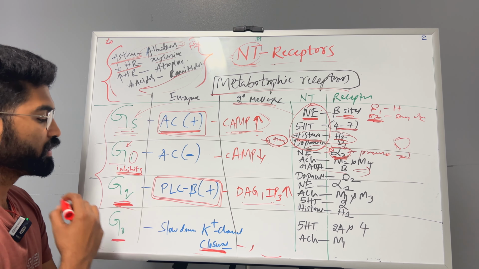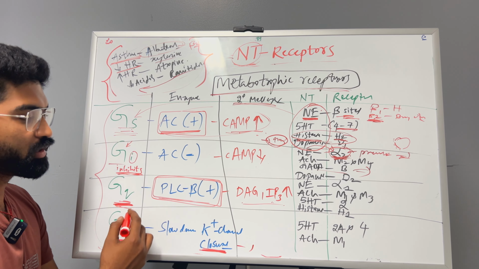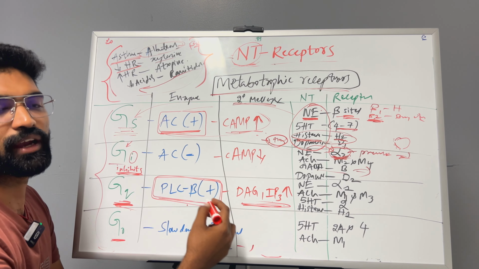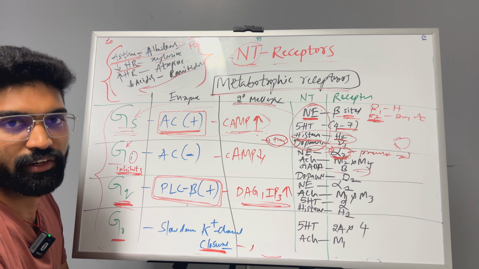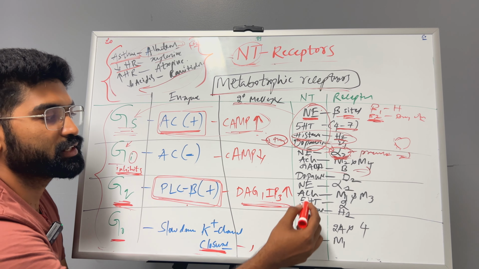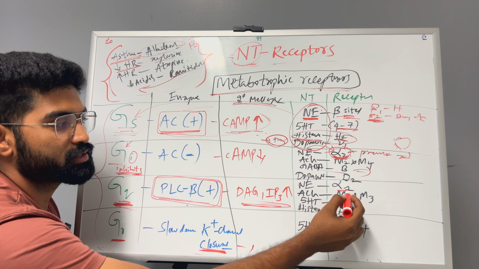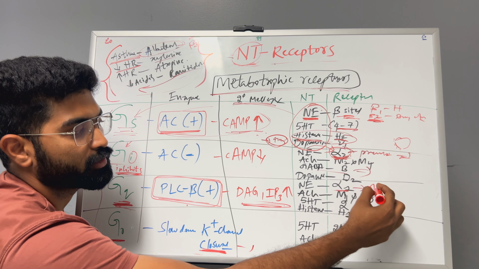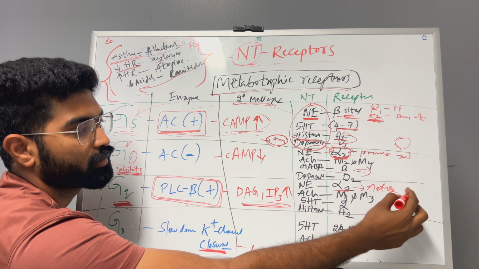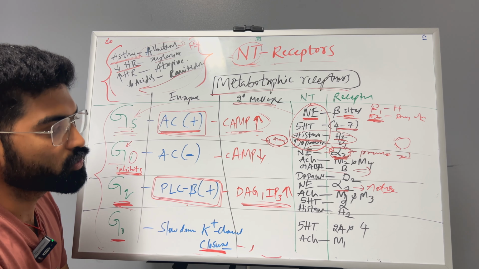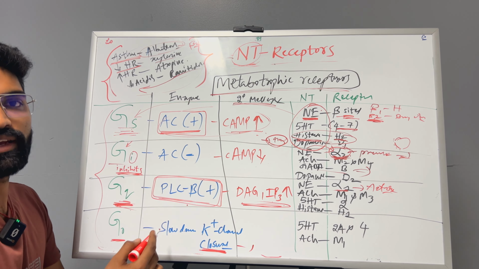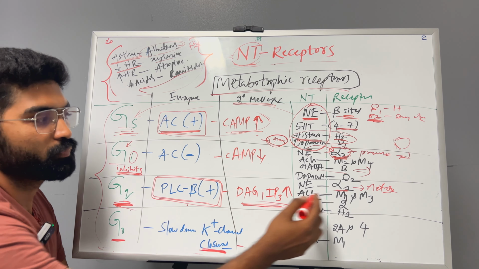So now come to the GQ type. This GQ type, after stimulating this enzyme, increases these secondary messengers and it will lead to the excitatory effect. So if we see norepinephrine, the alpha 1 receptors are mainly located in the arterioles. As I said, the GQ receptors are excitatory, and they will show constriction.